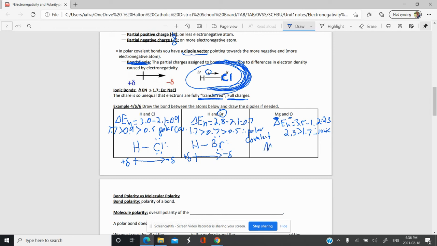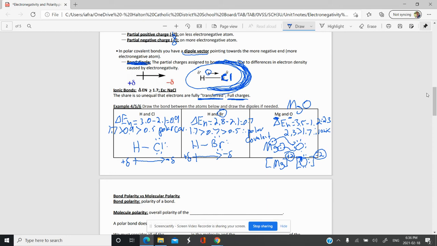So what we would do is show our transfer of electrons happening, as you normally do when doing the Lewis structures for ionic compounds. And then you would show your full charges. And that would be all you need to do. You have full charges here. And as you know, this is magnesium oxide because there's one magnesium, one O, that's magnesium oxide.